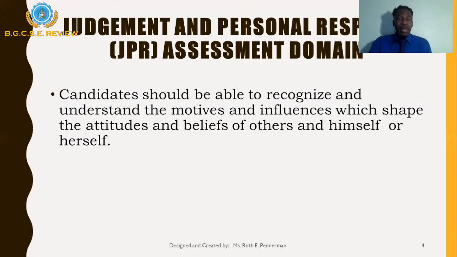So judgment and response assessment domain. So candidates should be able to recognize and understand the motives and influences which shape the attitudes and beliefs of others and himself or herself. And so one of the things I like to do, of course, you would see the paragraph before you, but we want to take some nuggets from the paragraph.